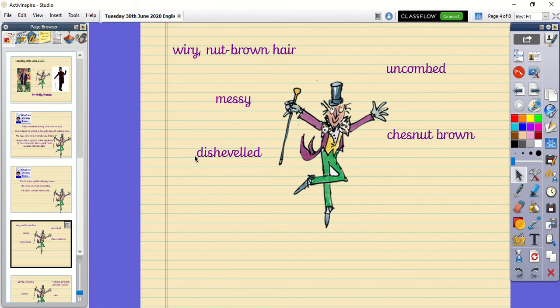Okay, so this dishevelled is a much better word for messy, for example. And messy has obviously gone into more detail from uncombed. Okay, so all of those words describe Mr. Willy Wonka's hair and what it looks like. Okay, so that's some adjectives to describe his hair.